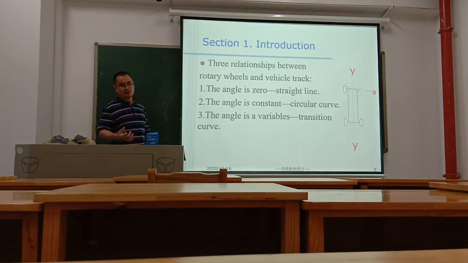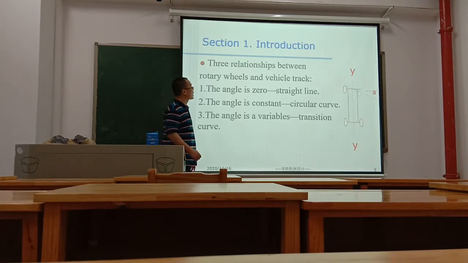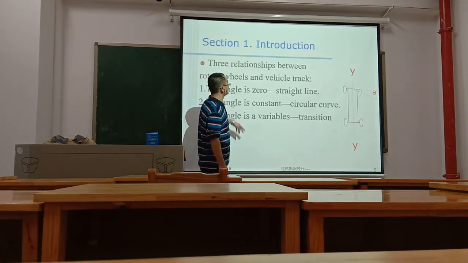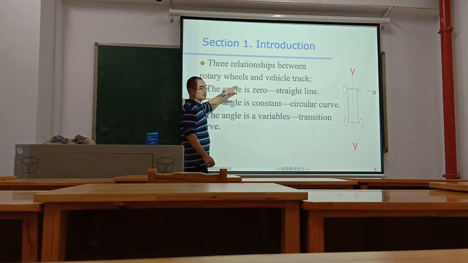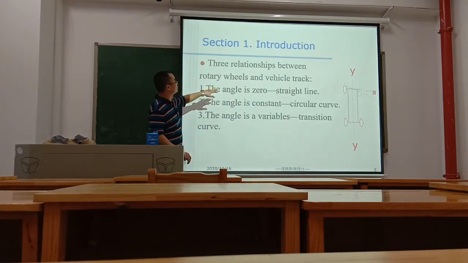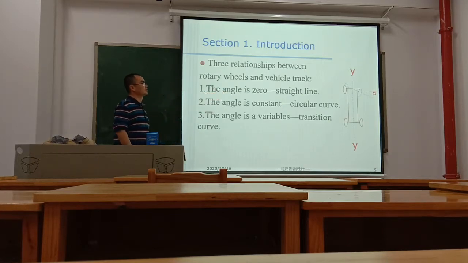There are three relationships between the rotary wheels and the vehicle track, which are the characteristics of the vehicle track. When the angle is 0, it is a straight line.